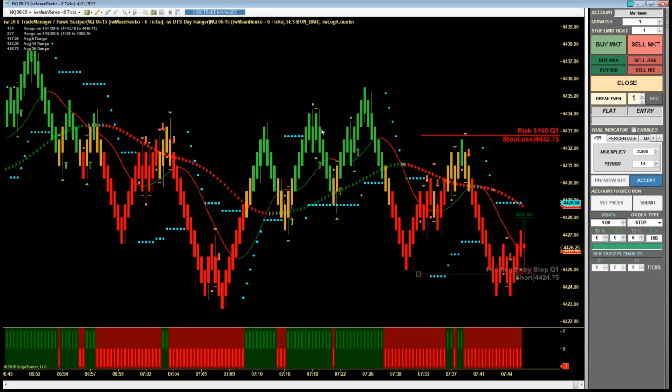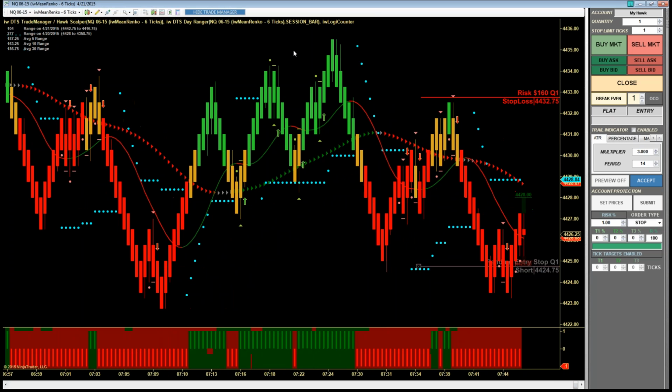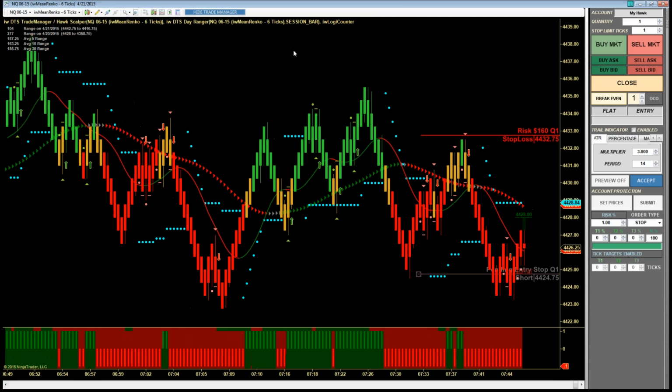Is there an easy way to bring them back to normal? Okay, so you move them from left to right at the bottom of the chart. The only way I know to make them fatter or skinnier is by holding your control key and hitting your up or down button, the up-down arrows.